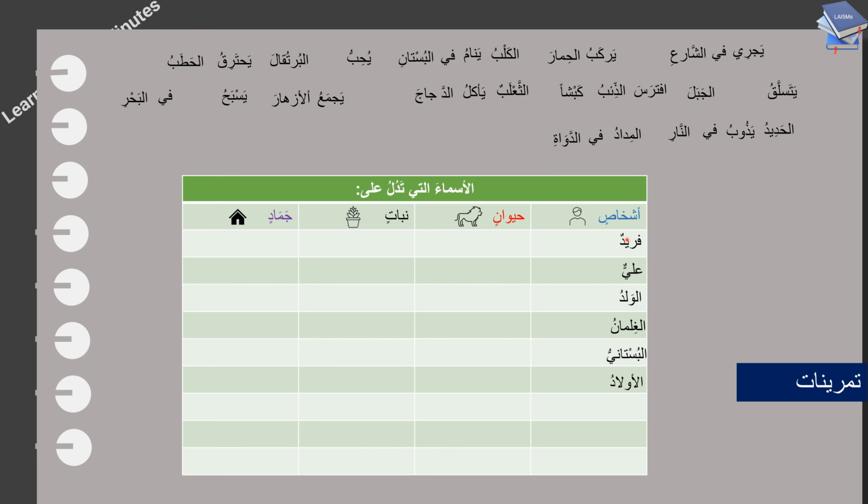So if you maybe look at these ones, maybe you can apply some of the rules that we have learned. That how do you know this is an ism? You've got the tanween, you've got the alif lam, and so on and so forth.